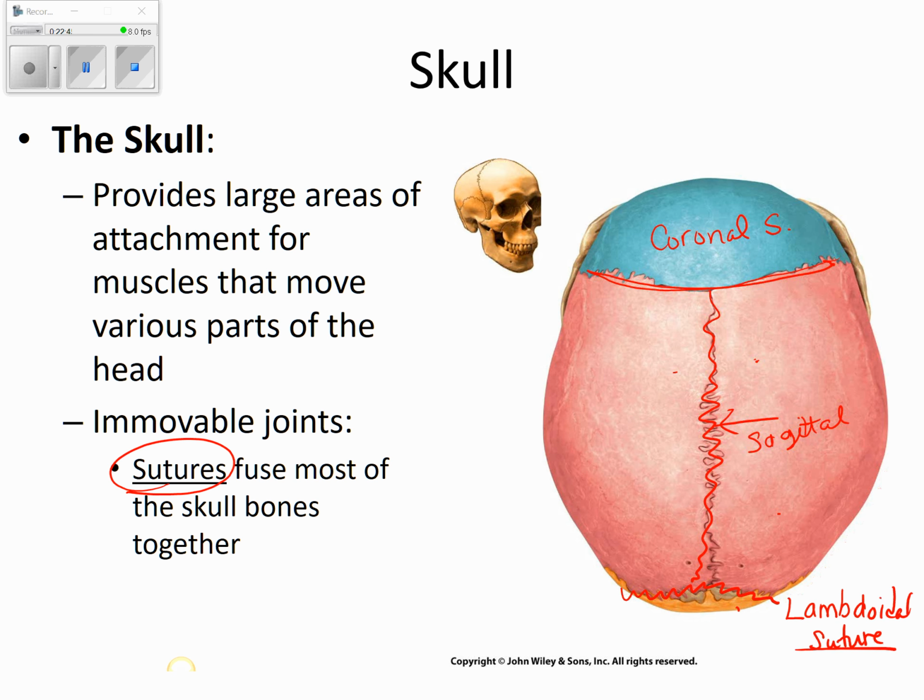This will mark the boundary between the frontal bone and the parietal bone. You could also say that it allows the frontal bone to articulate with the parietal bones, or the sagittal suture allows the two parietal bones to articulate.